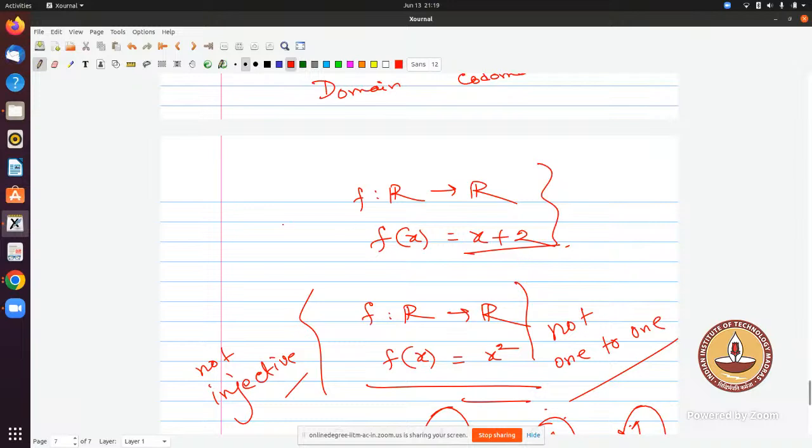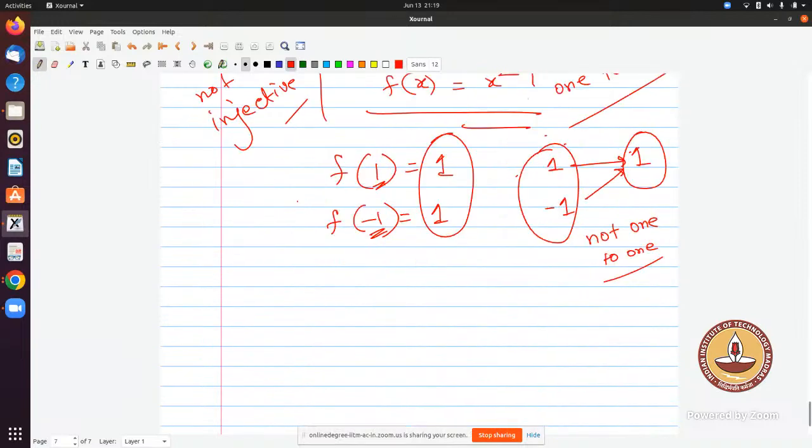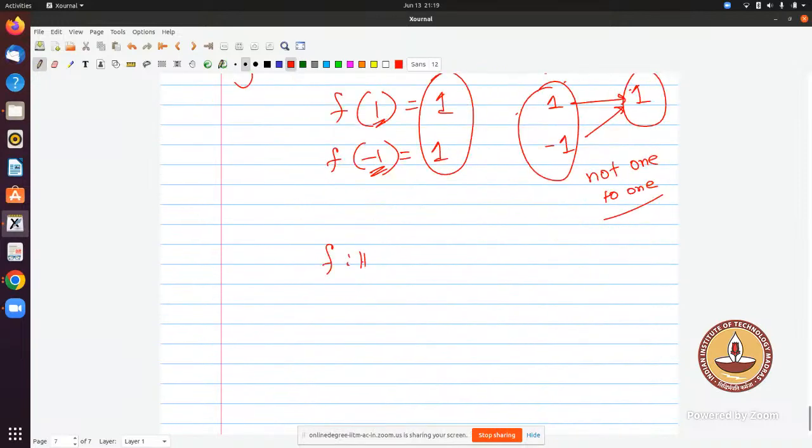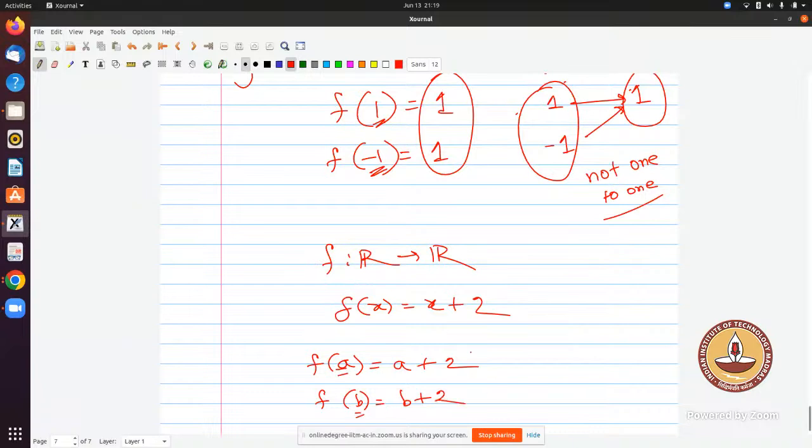It is one-to-one because, let's describe this function. R to R. Suppose there are two elements which are going to the same number. Suppose I am giving two elements A and B which are going to the same number. So the outputs should be equal. And what does it mean? It means A should be equal to B. So there cannot be two different elements.